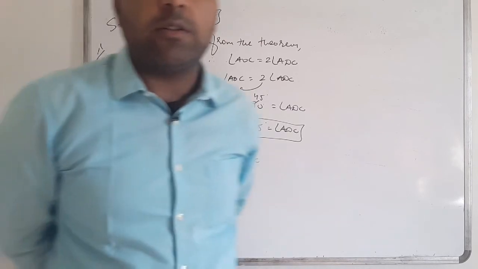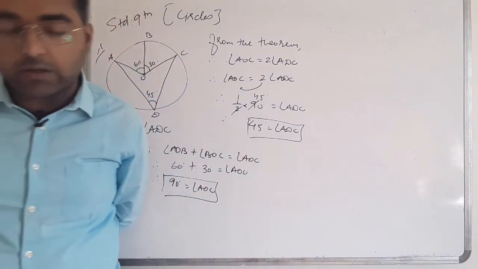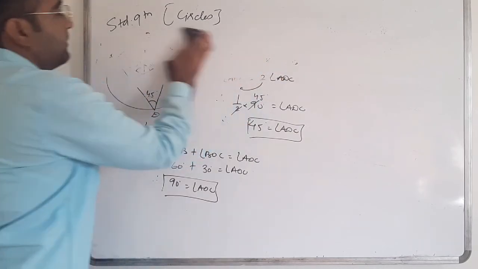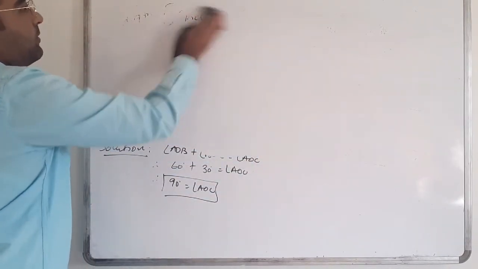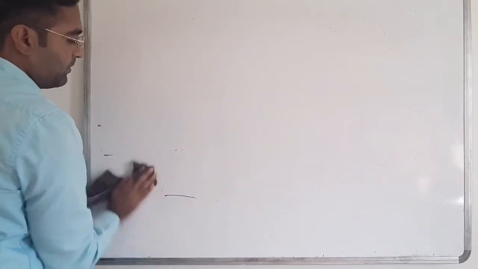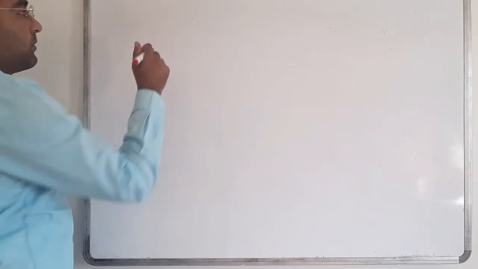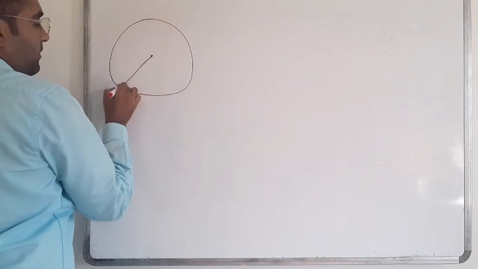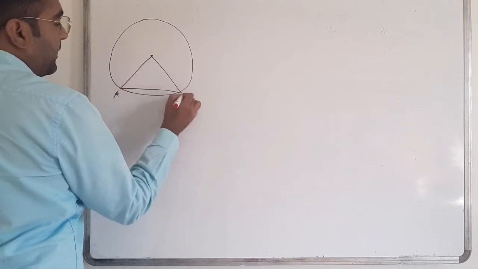The second question is also similar to the first question. A chord of a circle is equal to the radius of the circle. The length of the chord is equal to the radius of the circle.